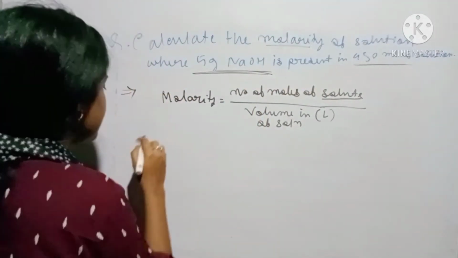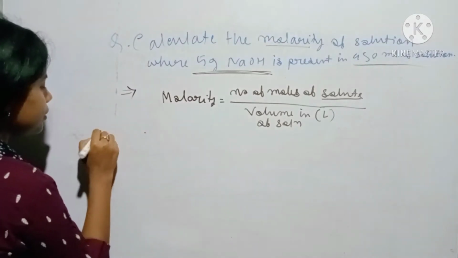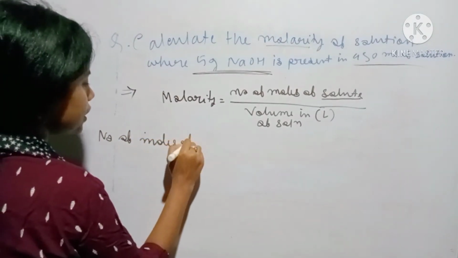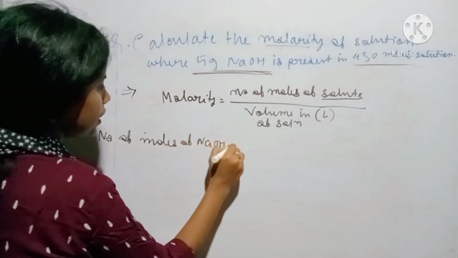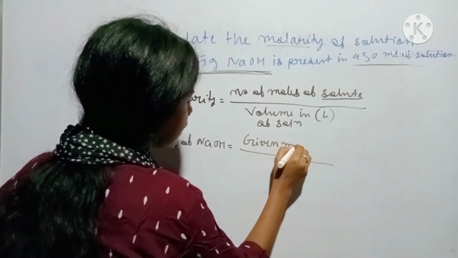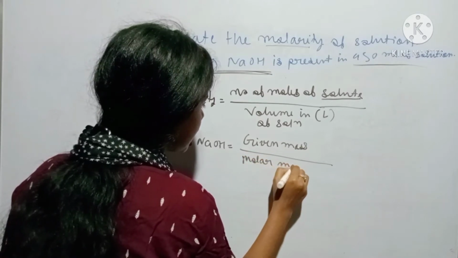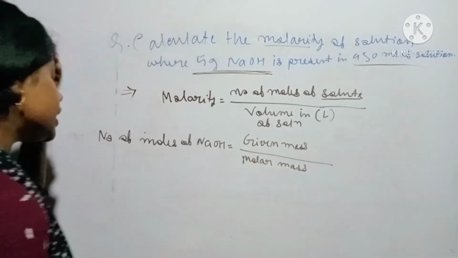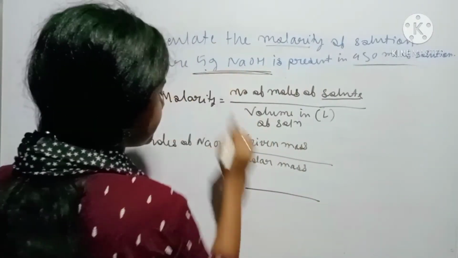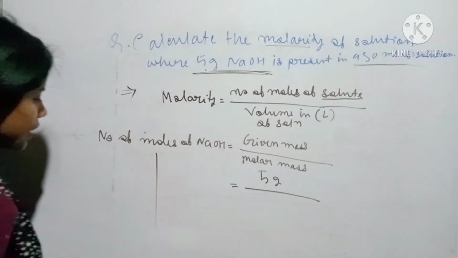Yesterday we learned that to calculate the number of moles, we need the given mass divided by the molar mass. The given mass is 5 gram, and we all know how to calculate the molar mass.